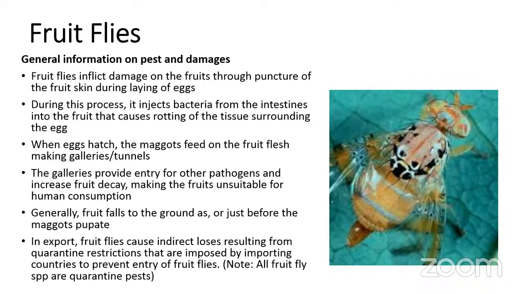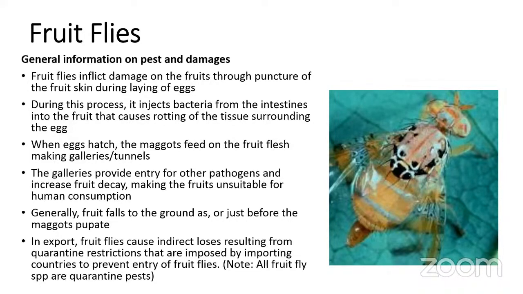The galleries will provide entry for other pathogens and increase fruit decay, making the fruits unsuitable for human consumption. Remember, we talked about physical damage to the parts of the plant. Through the tunnels, pathogens get in and the fruit starts decaying.